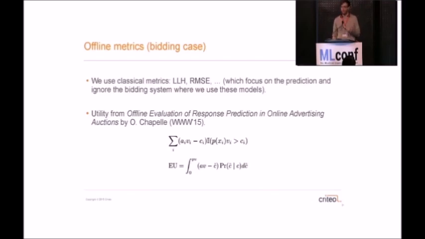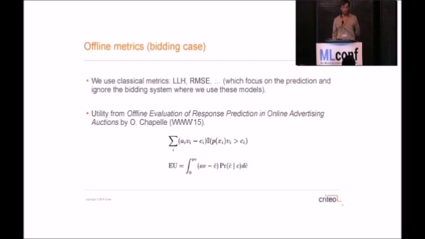We use these metrics, but we found that they are not so good because they focus on the prediction power of your model, but they ignore the context in which you use them. We use our prediction model in the context of bidding. Maybe we get improvements in terms of likelihood and have really better prediction models, but maybe this improvement is in situations where we don't have any competition. In this case, getting better doesn't bring any value to us.